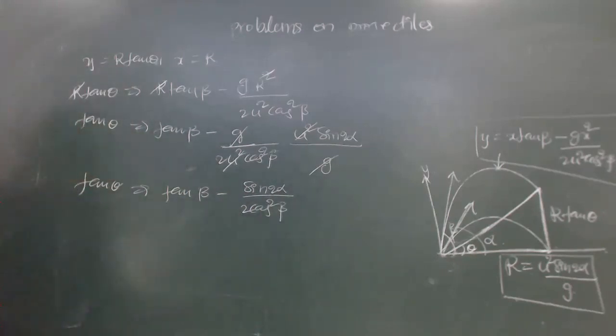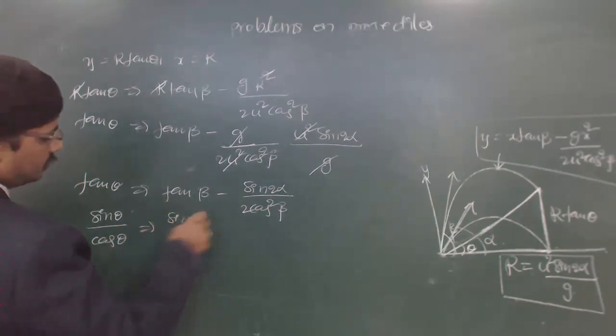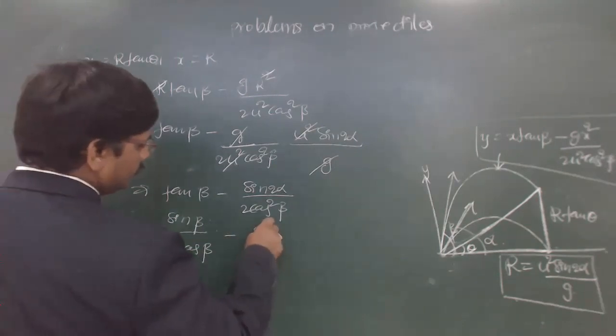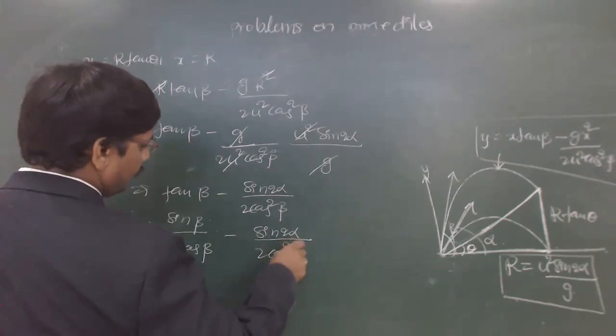So this is a simple relation what we have got. Now here tan theta you can express as sin theta by cos theta is equal to sin beta by cos beta, equal to minus sin 2 alpha by 2 cos square beta.